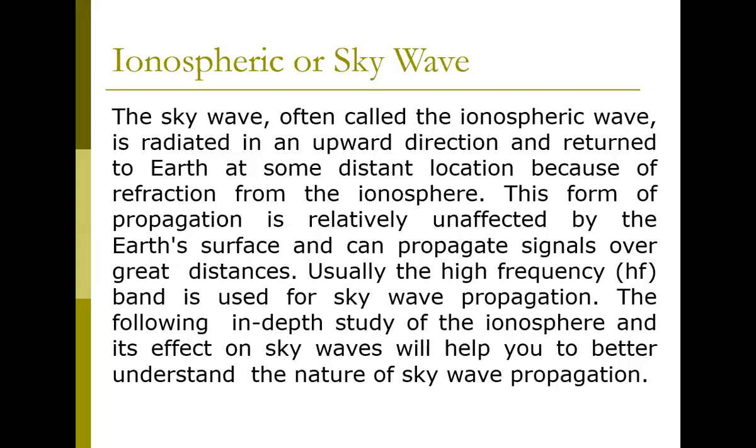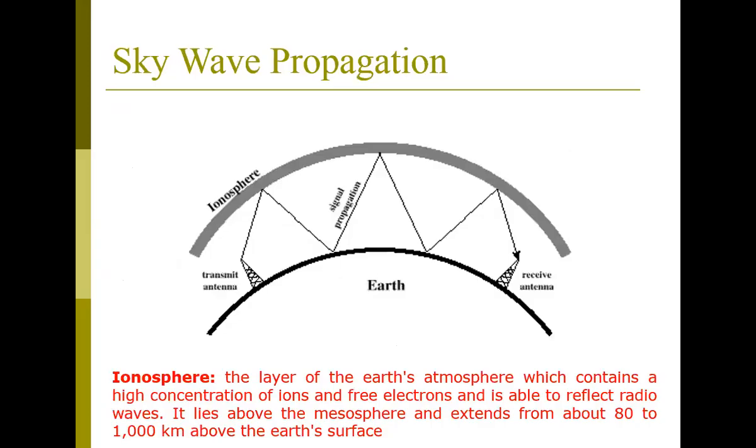Sky waves are also called ionospheric waves. They go in upward directions and refraction is used. Here the signal can be propagated over longer distances. High frequency, sky wave propagation.